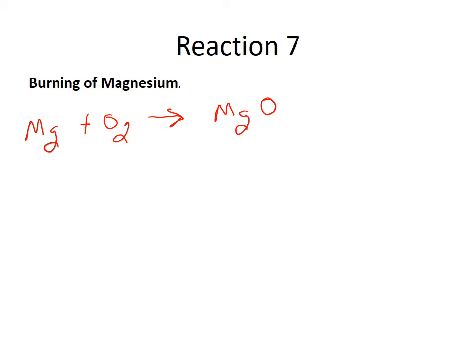These go together. And now we have to balance it, so I've got 1 magnesium to 1, 2 oxygens to 1, so I need 2, which means I need 2 magnesium over here. Since we're taking 2 things, making 1 product, this would be a synthesis reaction.